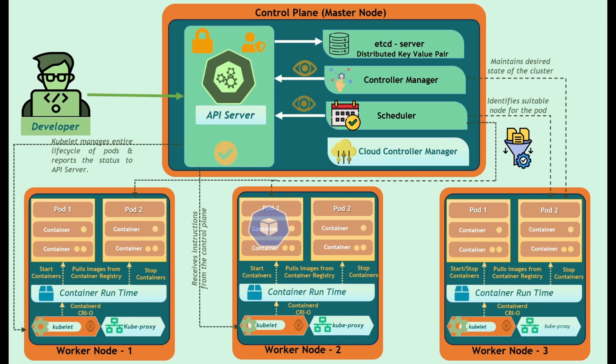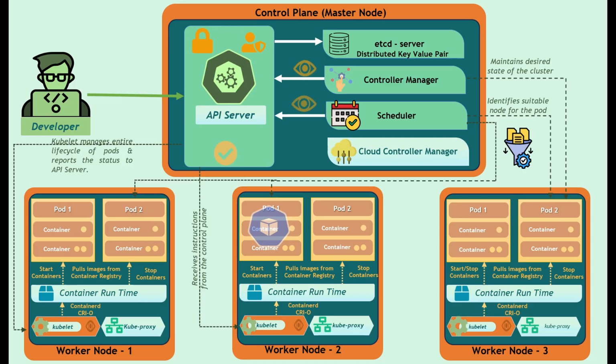These runtimes follow certain standards, referred to as the Container Runtime Interface standard. This means Kubernetes does not care which runtime you use as long as it follows the CRI standard. It just works.